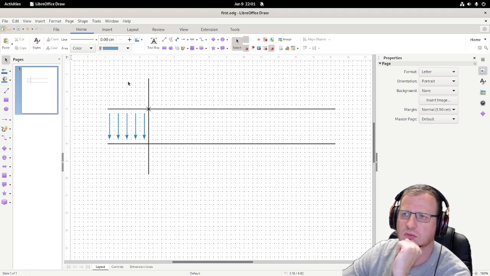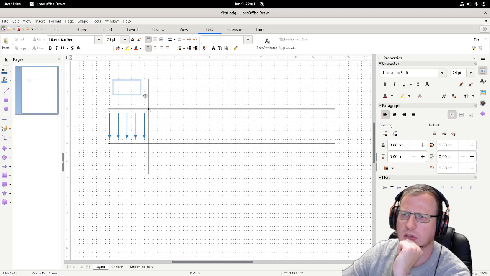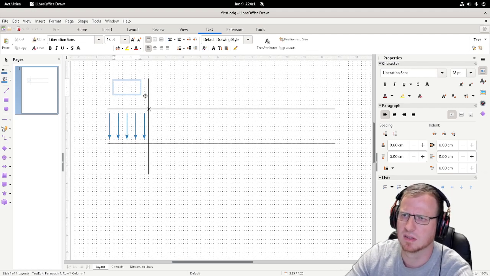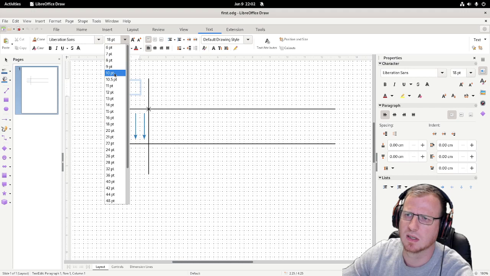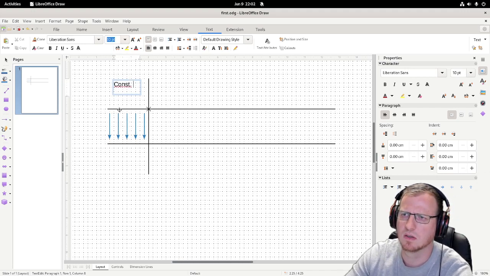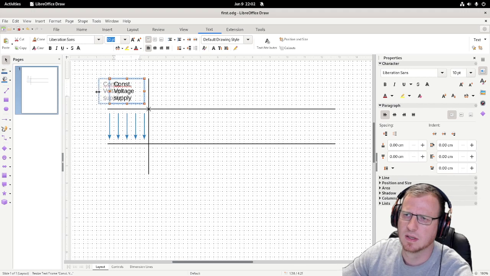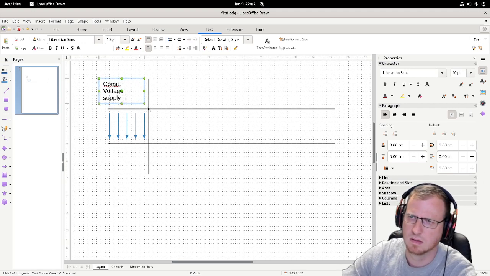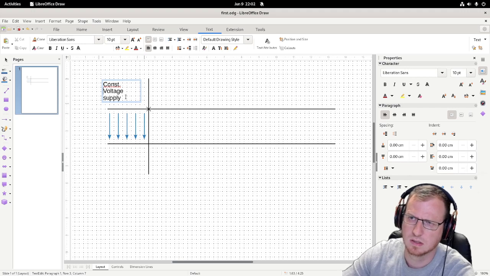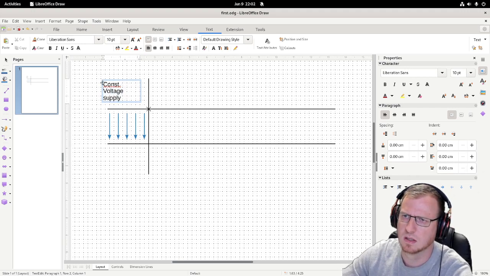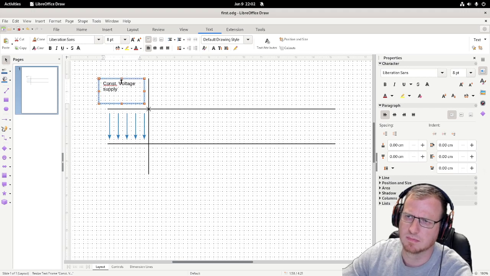And we have a voltage supply text box. Constant voltage supply. Yes. Okay.